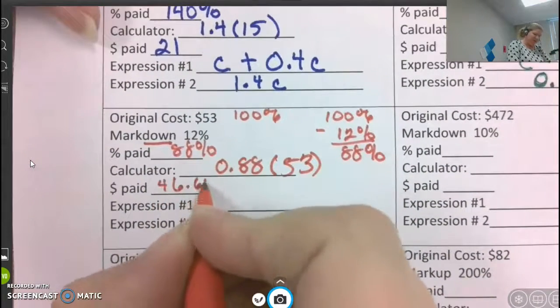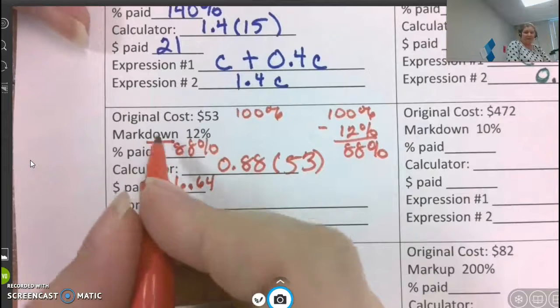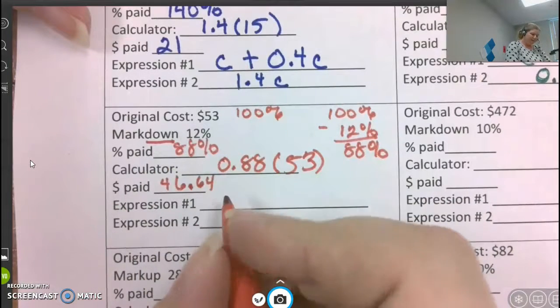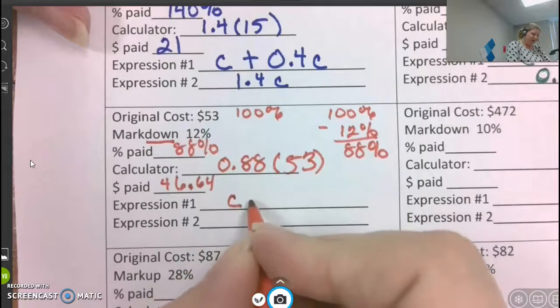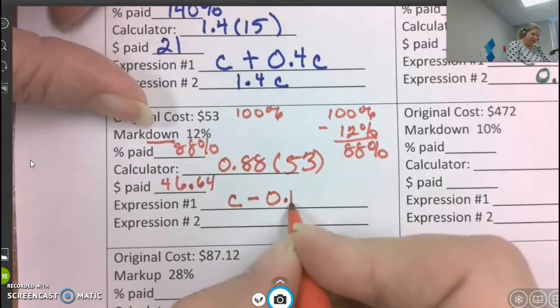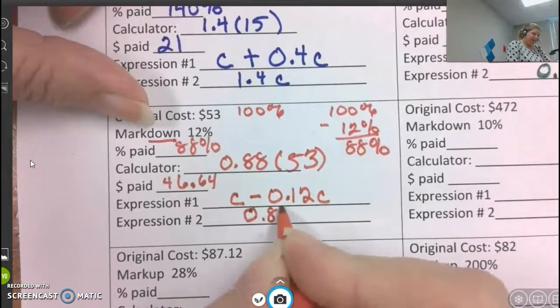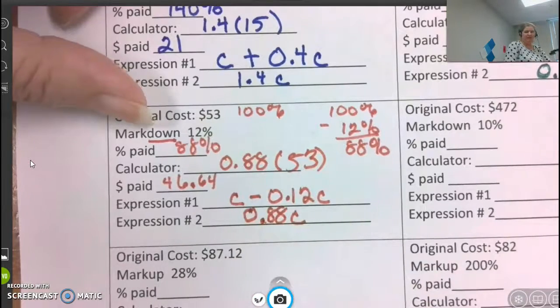That's the dollar amount I would pay. If it's being marked down, it should be less than the original. It is. So for my expressions, it would be the cost minus 12% of the cost, which is 88% of the cost.